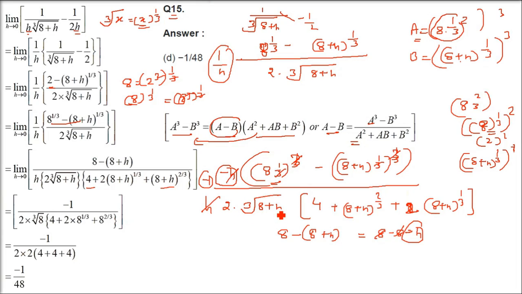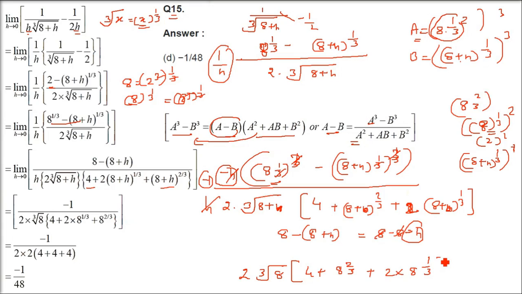And what about the denominator? Now apply the limit. H is 0. So 2 third root of 8, 4 plus, just remove all h. 8 raised 2 by 3 plus 2, 8 raised 1 by 3. Remember, 8 raised 1 by 3 is 2 and 8 raised 2 by 3 is 2 square, that is 4.